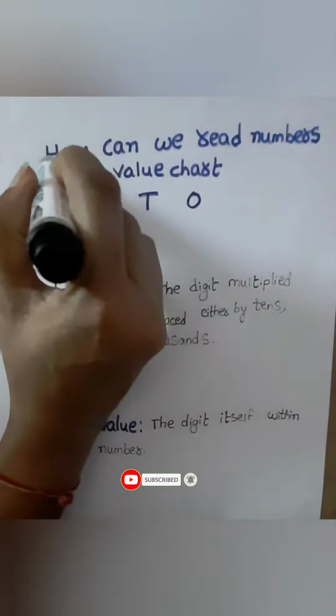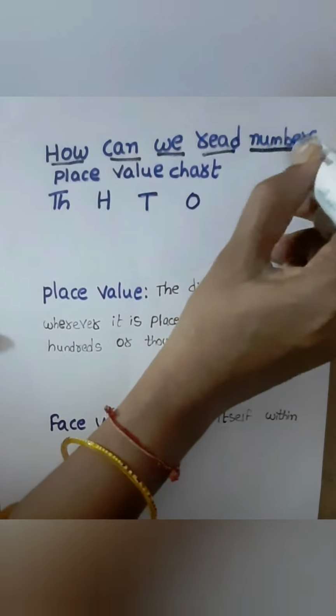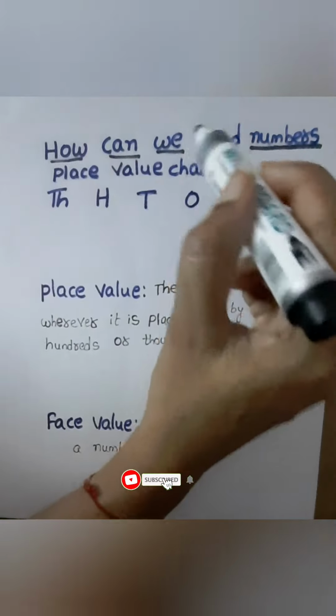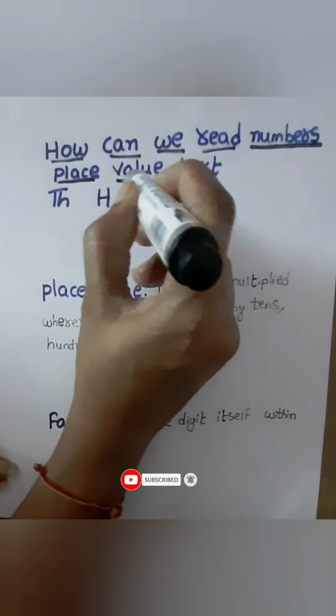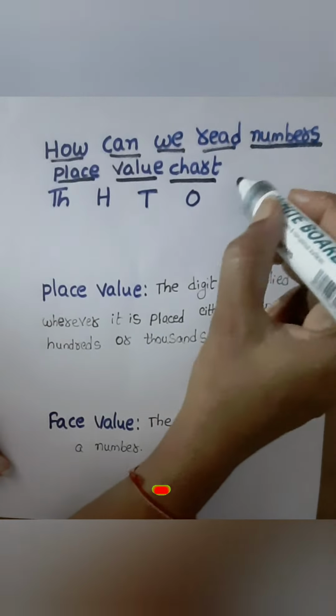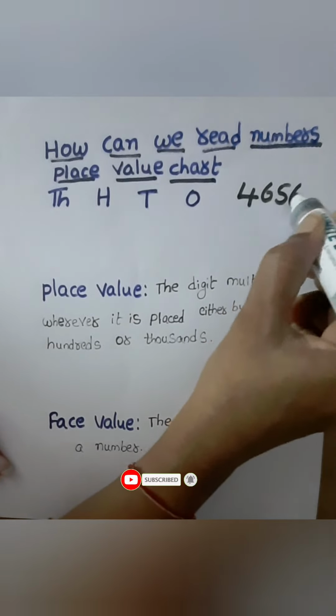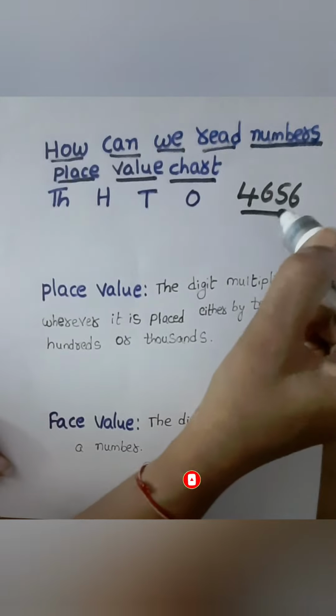How can we read numbers? We read numbers with the help of a place value chart. For example, if we take 4656, how can we read this number?